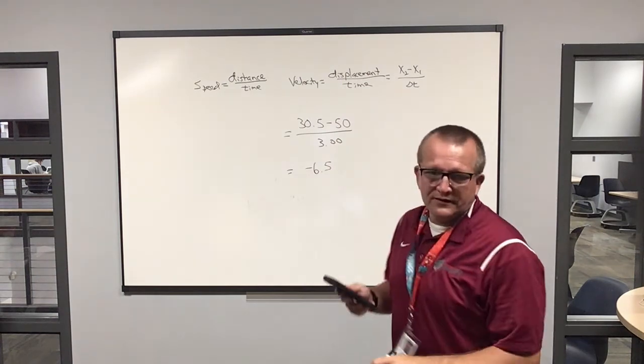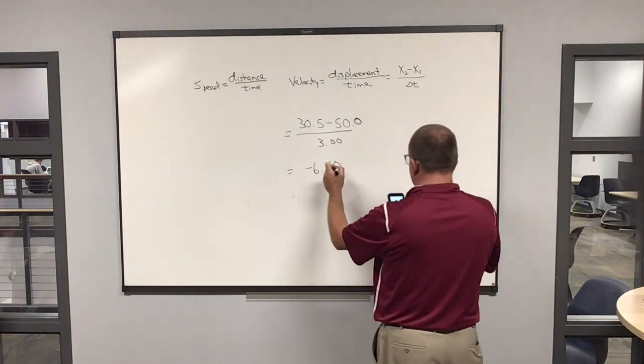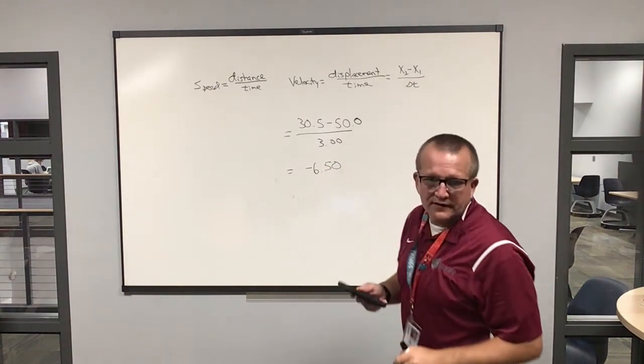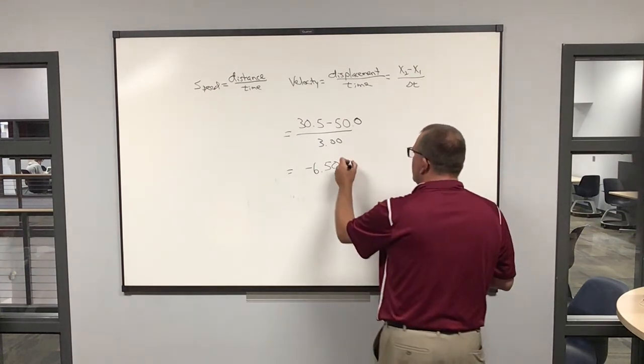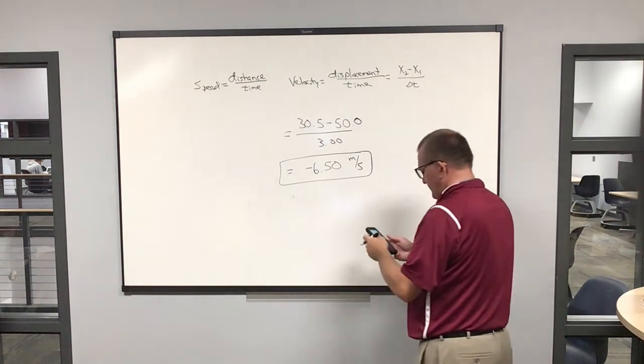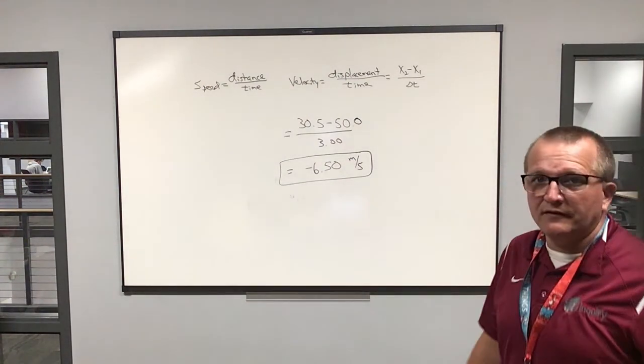So we want to have 3 sig figs, so 6.50. And our units are meters per second. That would be my answer, negative 6.50 meters per second.